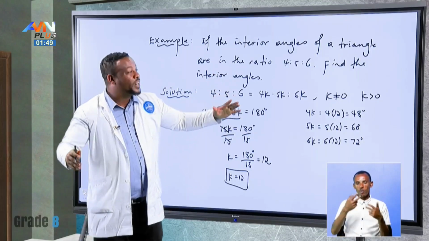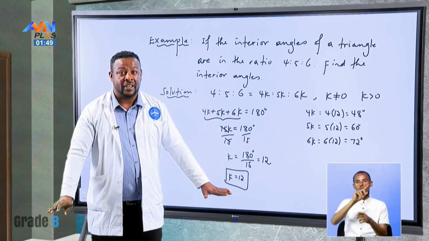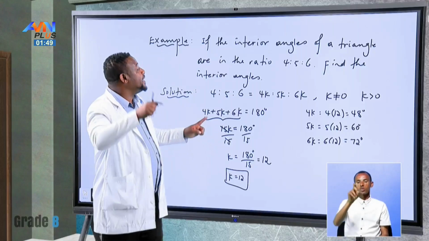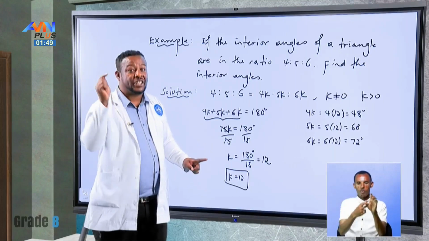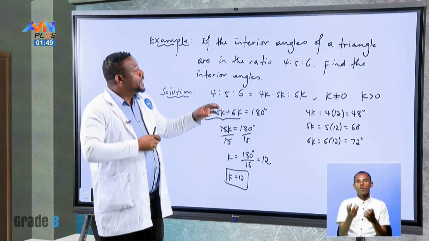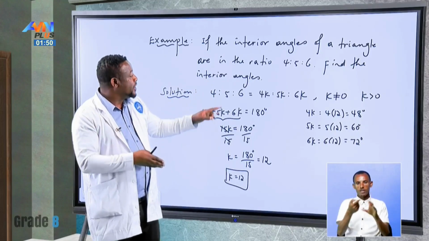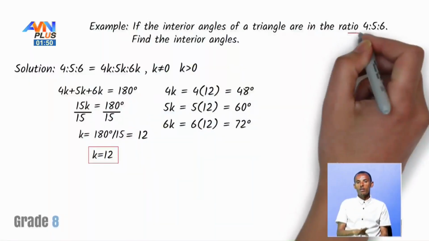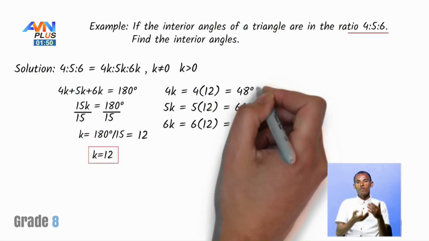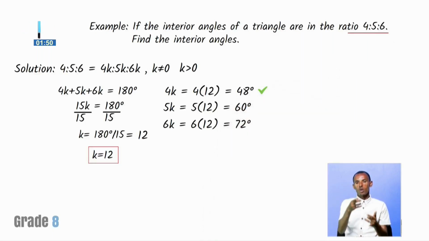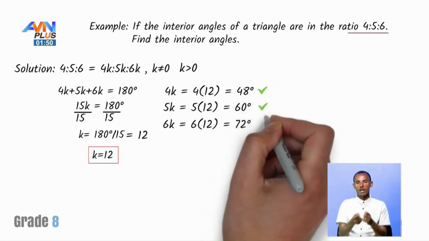Now, we have already answered the question. We are asked to find the interior angles of a triangle where the interior angles are in the ratio 4, 5, 6. Now you can check whether our answer is correct or not.